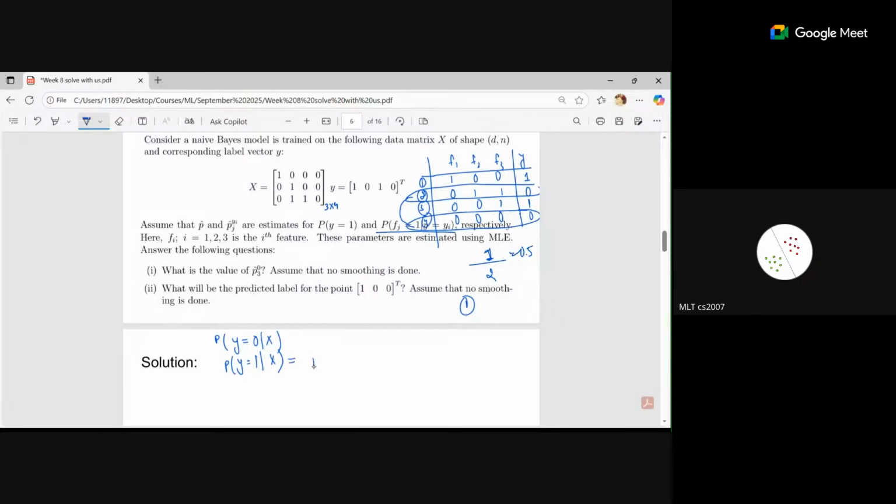What it is going to be? Probability of x, which is 1, 0, 0, given y is equal to 1, times probability of y is equal to 1 divided by probability of x.